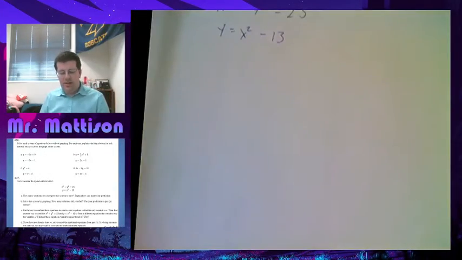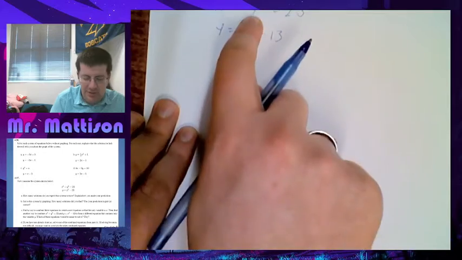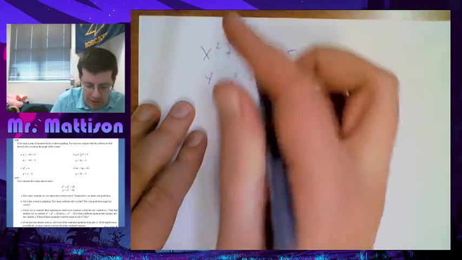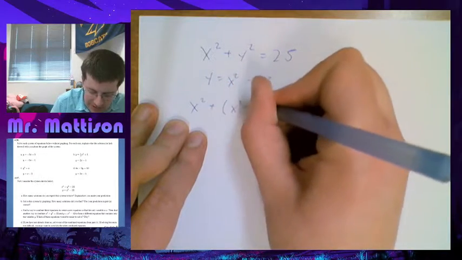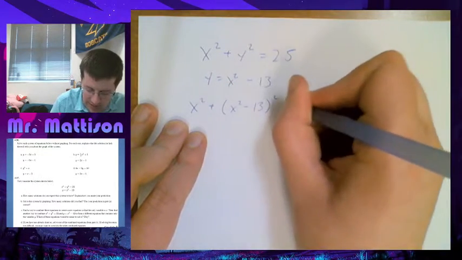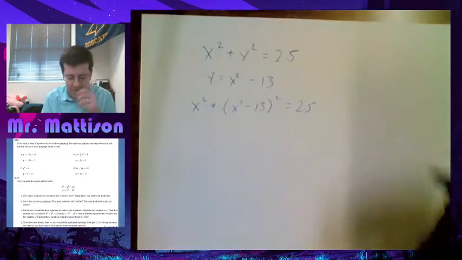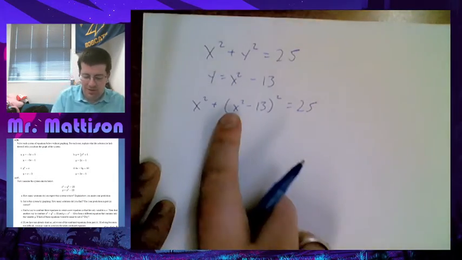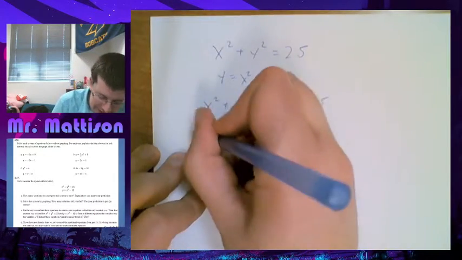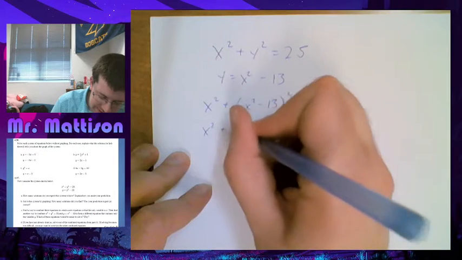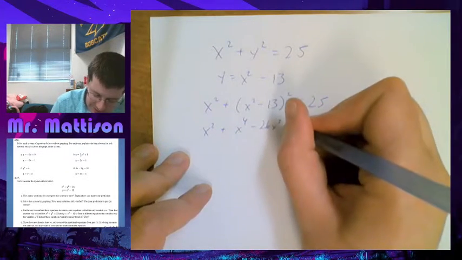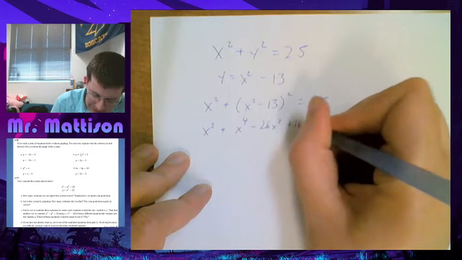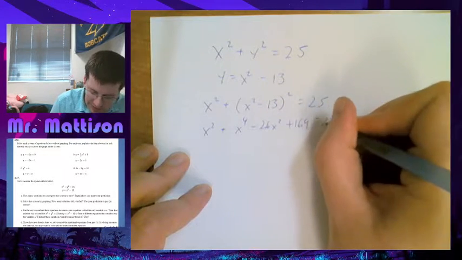So if I try and say, well, let's just plug all of this in for the y here, what I get is x squared plus (x squared minus 13) squared equals 25. Now doing this, I would have to FOIL this out, and I would get x squared plus x to the fourth minus 26x squared plus 169 equals 25.